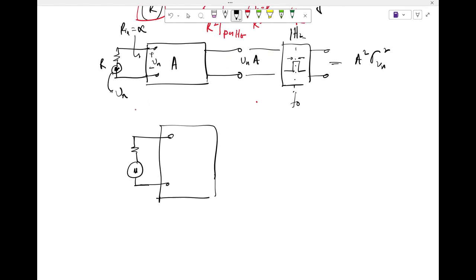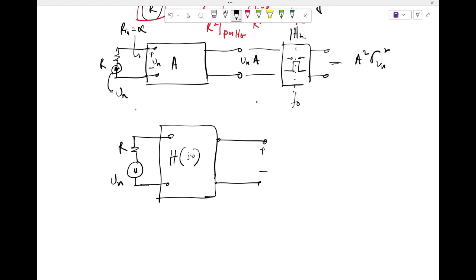Assume the input impedance is infinite and all. And now this has a spectrum. It's not a scalar that scales every frequency component by A. I have a spectrum of h of omega. I want to understand what is the power spectral density of the output. So can you now help me out? What will this be?